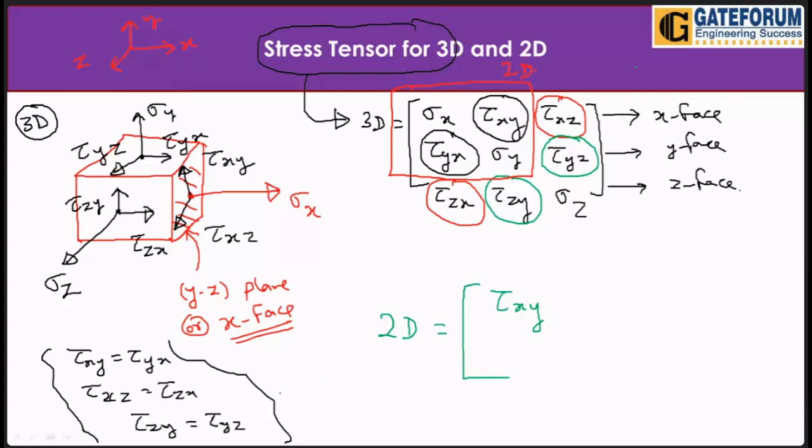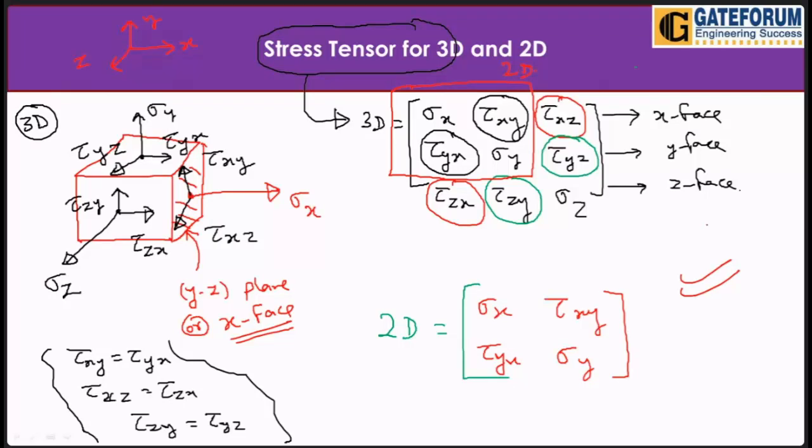That is, we have sigma x, then tau xy, then tau yx, then sigma y, like this only. So here we have 4 elements, and in 3D we have 9 elements.